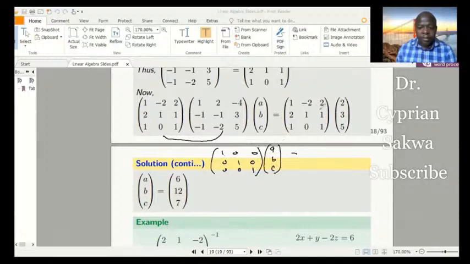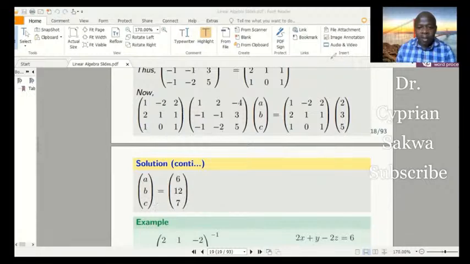And this product on the right side gives us 6, 12, 7. This product on the left side gives us ABC. So we found the result to the system. This is the solution to that system: the value of A is 6, the value of B is 12, and the value of C is 7.